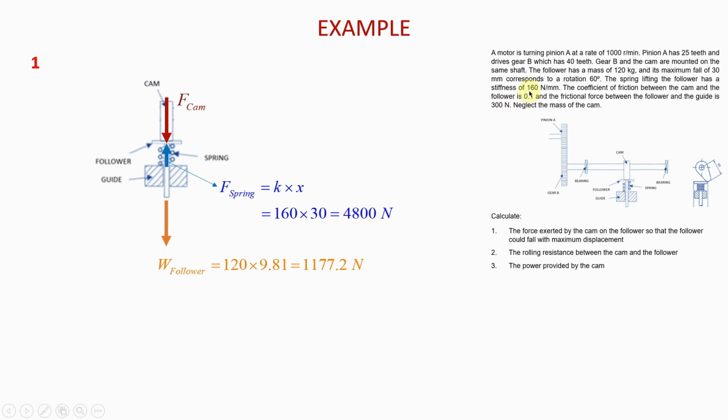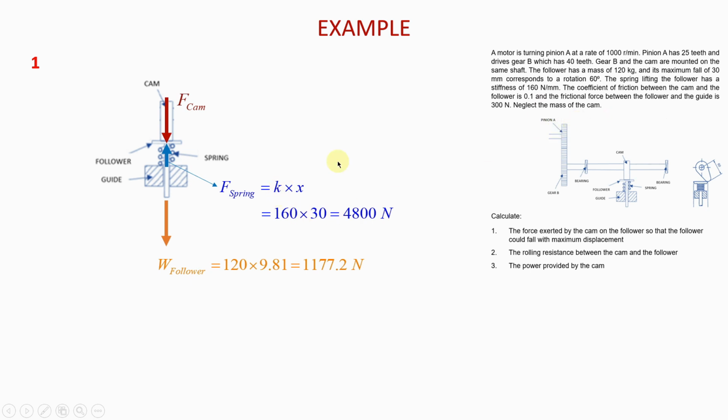If you convert 160 newtons per millimeter to newtons per meter, you will need to multiply this by 1,000. And then this here, which is in millimeters, if you convert it to meters, you will divide by 1,000. So at the end, you will still get the same answer. But suffice to say that if your stiffness is in newtons per millimeter, you can just use your deformation in millimeters.